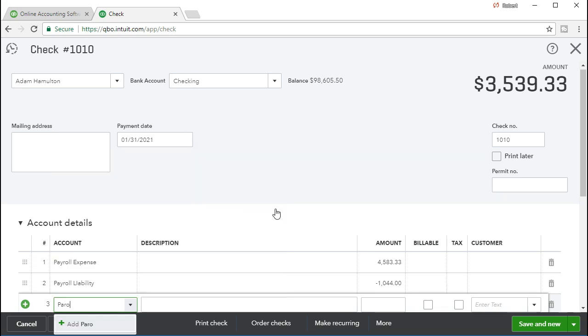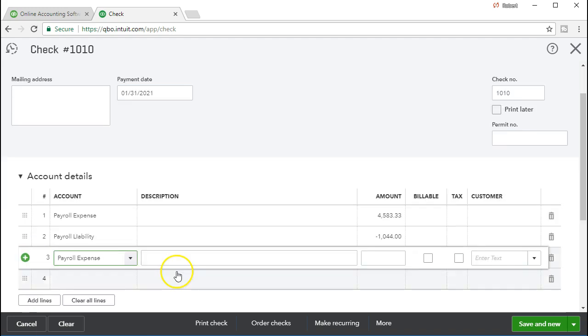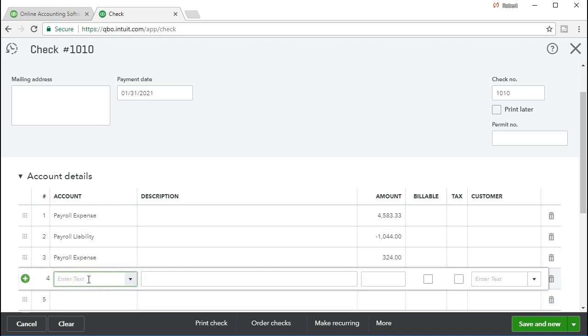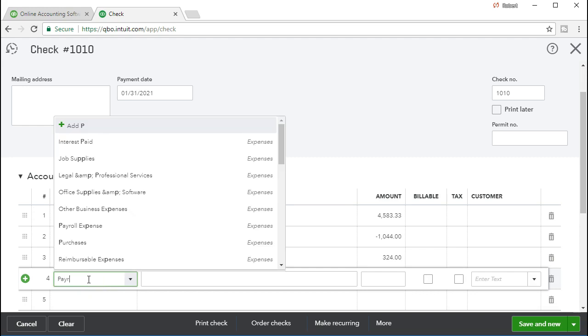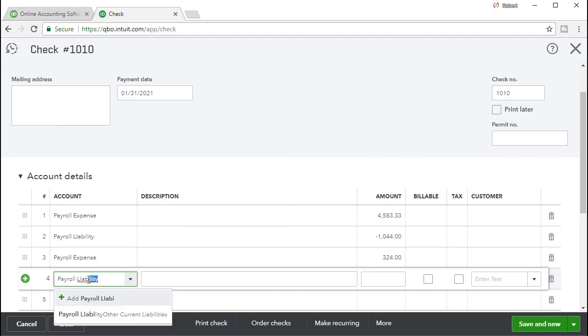Payroll expense. And that's going to go up by the employer portion, which was in the case of Adam 324. And then we had the other side of that, which is going to be the payroll liability, that I misspelled here. So then there's going to be the other side, and that's going to be a negative 324.